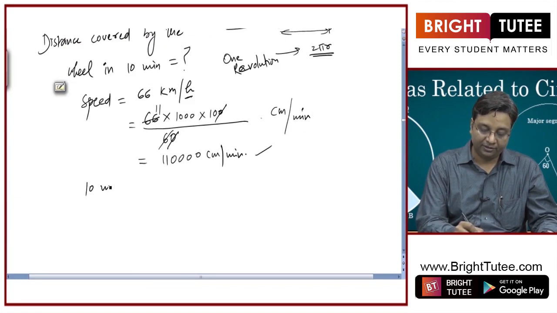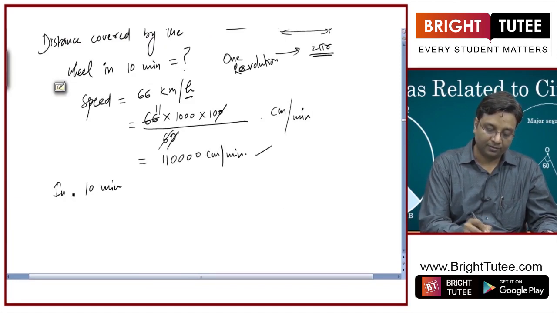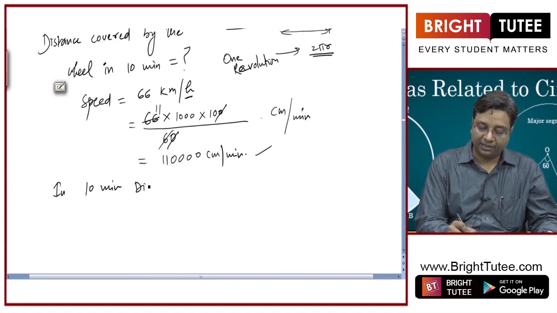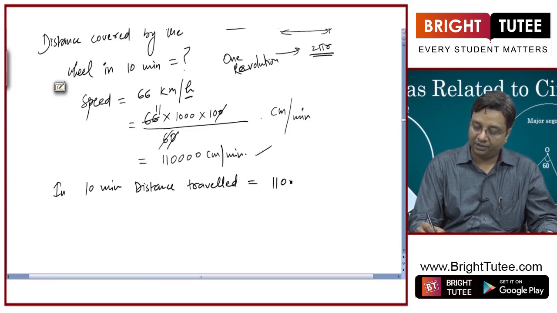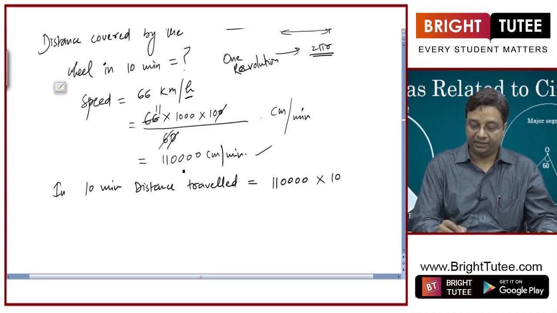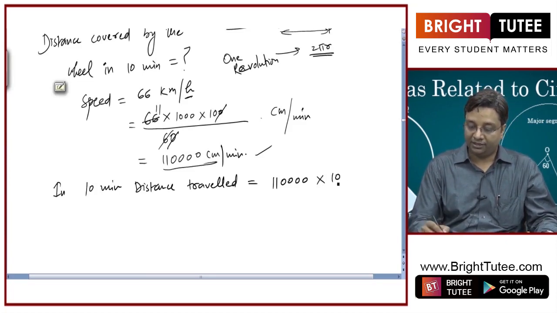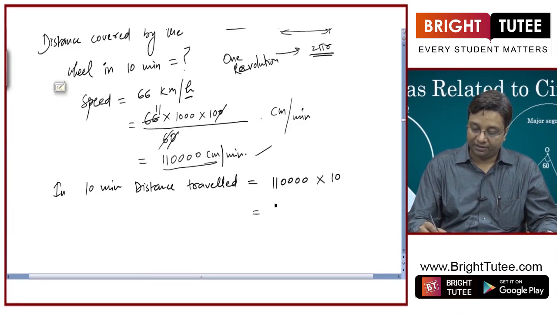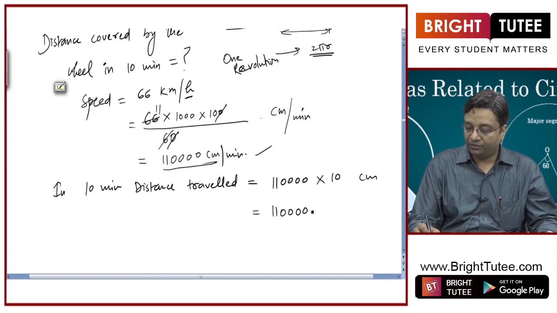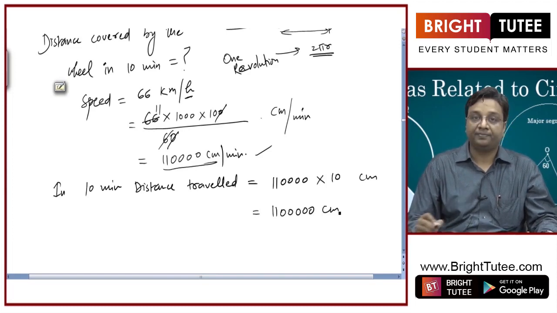In 10 minutes, distance travelled will be 11, 1, 2, 3, 4 into 10, right? This is the distance travelled in 1 minute. If you multiply it by 10, this is the distance travelled in 10 minutes in centimeter. So, this is 11 lakh centimeter.